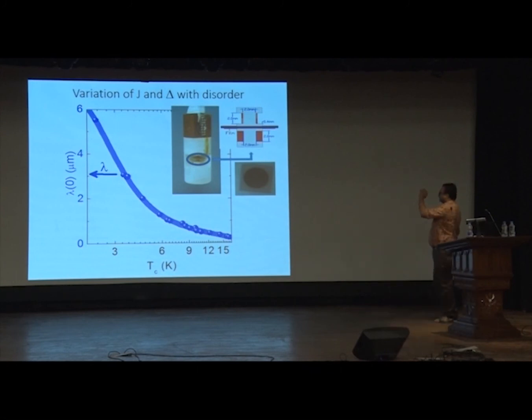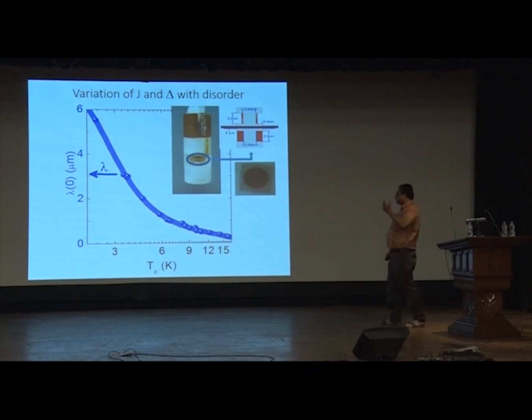So, at every temperature, you can get the value of the penetration depth. What you do is a mutual inductance measurement, and then you calculate the full electromagnetic response through finite element analysis, by solving the London and Maxwell equations together. When you do that, you see for films with different TC, this is how my penetration depth varies.